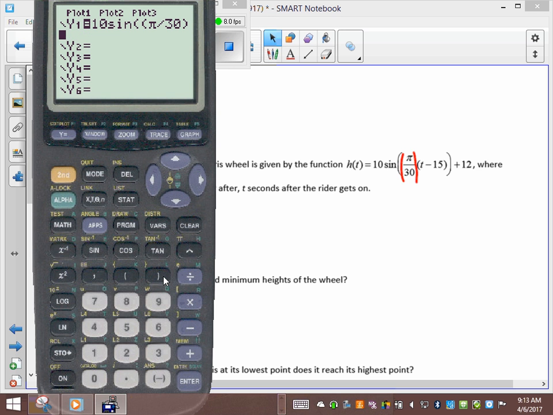Anytime you have a fraction, it needs to go in brackets. Bracket x minus 15. Close that bracket, plus 12.